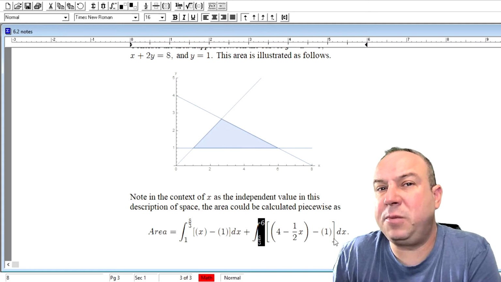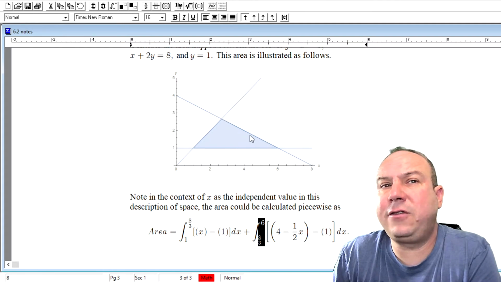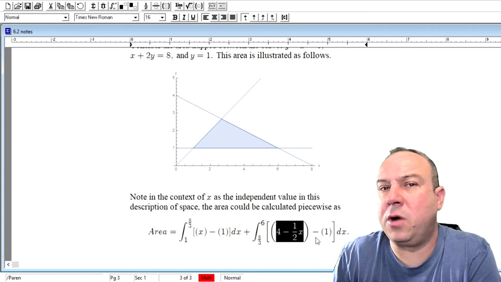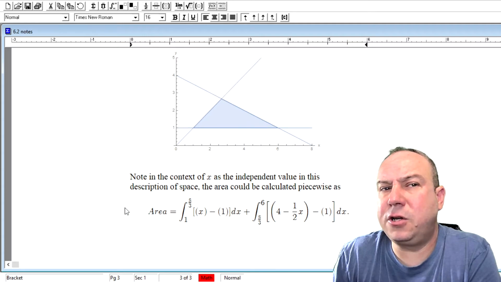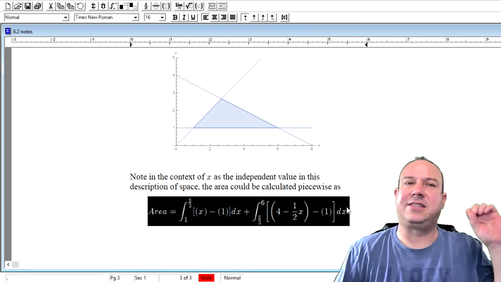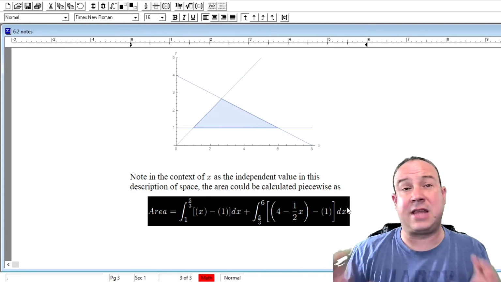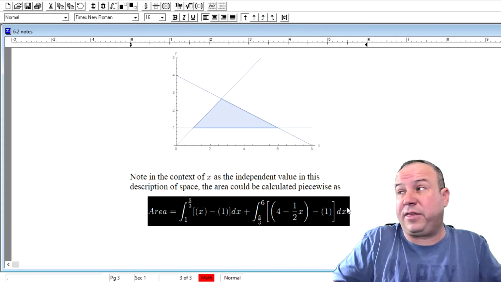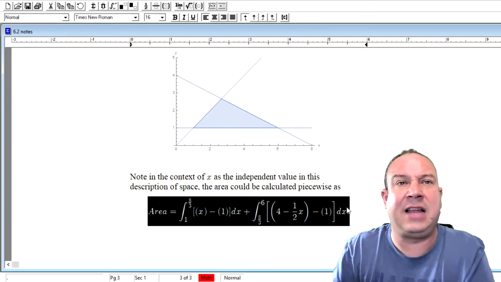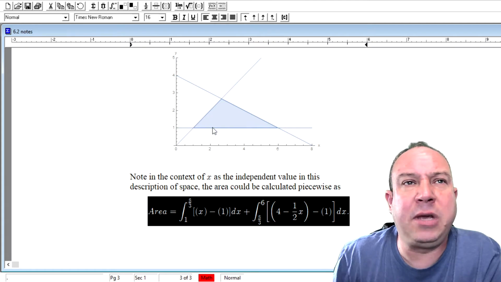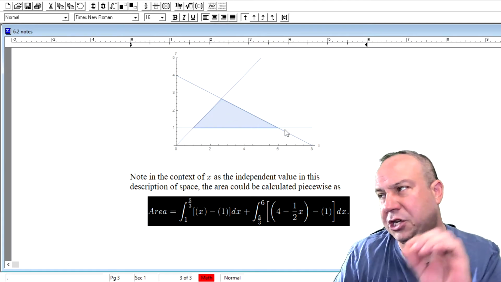The difference between these two lines in space would be 4 minus 1/2 x minus that constant function 1. Right? This would be our approach in the context of x being the independent variable in that classical context where we think about this region of space formed by adding up all these infinite lengths that happen vertically between these two graphs in that region.